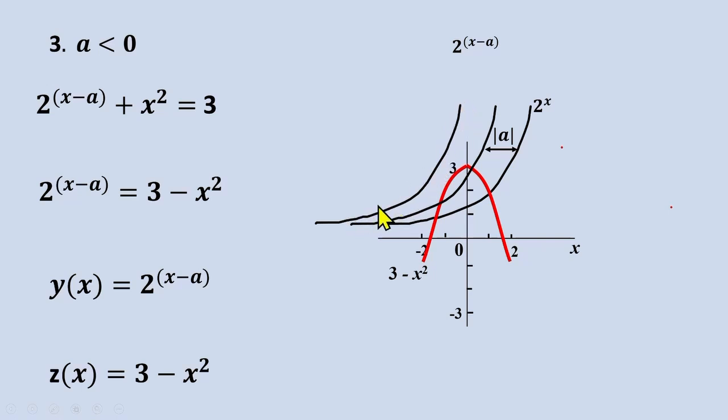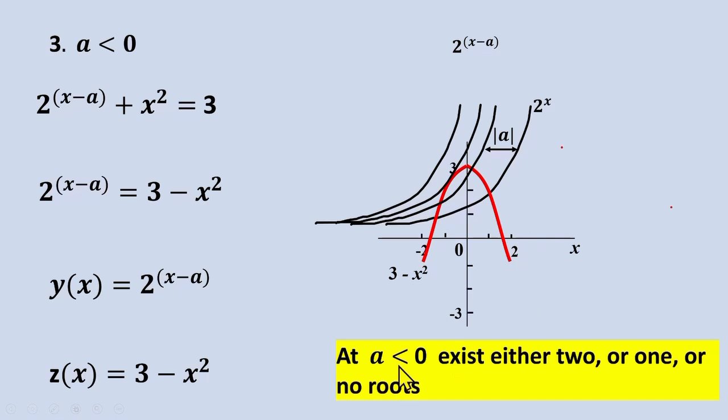And there is a specific case when the curve of function 2 to the power x minus a and the parabola have a single common point. In this case, the equation has 1 root. So we come to the conclusion that at negative a there exist either 2 or 1 or no roots.